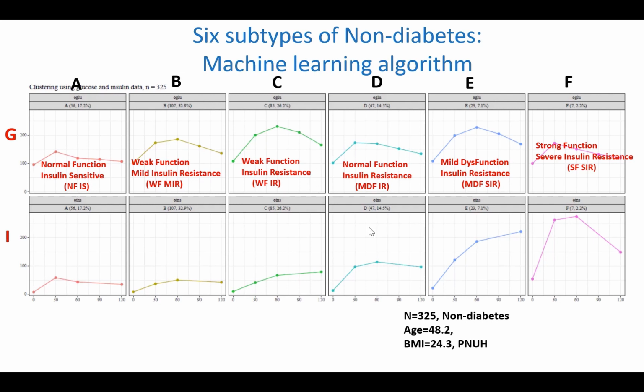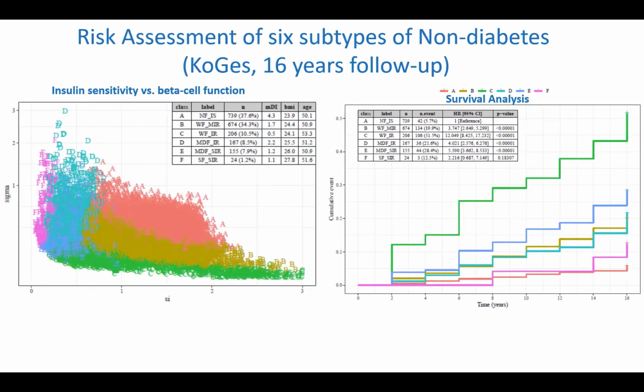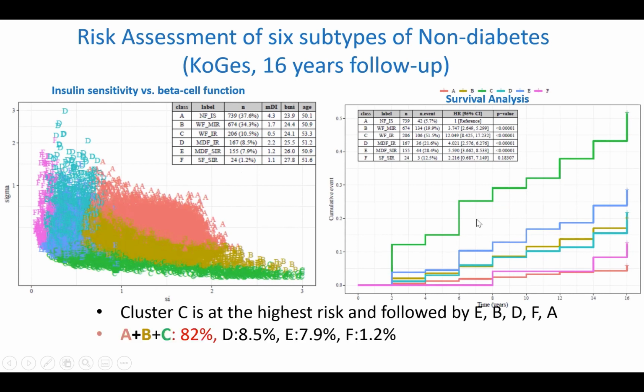Okay? Now we used longitudinal data from COGES, then fit sigma and SI and plotted them on the SI sigma plane, the DI plane. As you can see, class C is the green one, and E is here, in the left upper corner. The right panel is survival analysis.